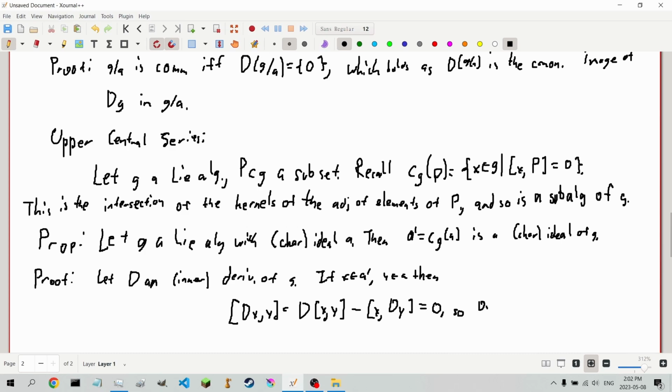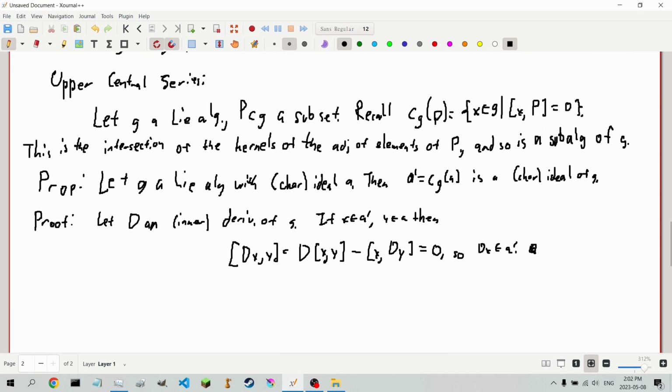So D of x is in A prime. Alright. I don't know if we need to go through all that, but it's worth reviewing.